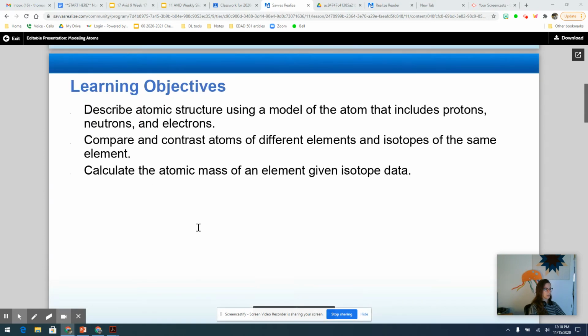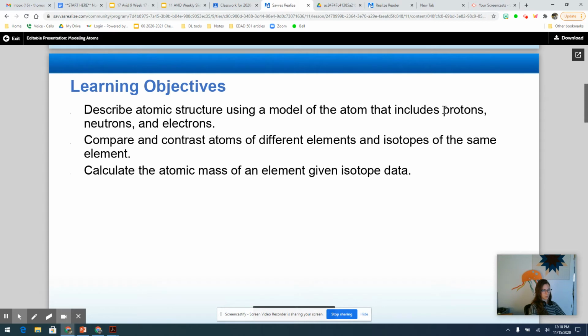So our learning objectives here are to describe atomic structure using a model of the atom that includes protons, neutrons, and electrons. Compare and contrast atoms of different elements and isotopes of the same element. So here I have at least one new vocabulary word, which is isotope.